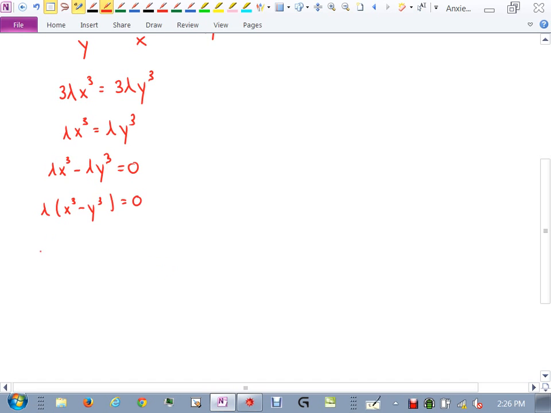All right, let me see. Right now, here's where we are. We know that lambda must be 0 or x cubed must equal y cubed. Do you agree with that? If x cubed is y cubed, what can you tell me about x and y? They're equal because you can take the cube root on both sides. You don't have to worry about plus or minus or anything on that, right? That means x must be y.